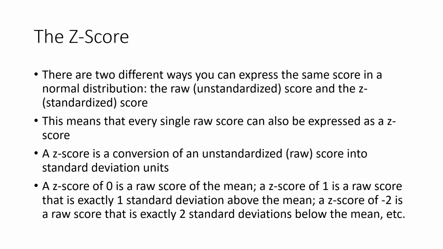So what I'm saying is that if you have a variable and a set of data points within that variable, let's say age, for example, that means that every single raw score, every single age in that variable can be expressed as a raw score, as an unstandardized score, but can also be expressed as a Z-score, which is standardized, right? So the Z-score is essentially a mathematical conversion of an unstandardized raw score into standard deviation units.